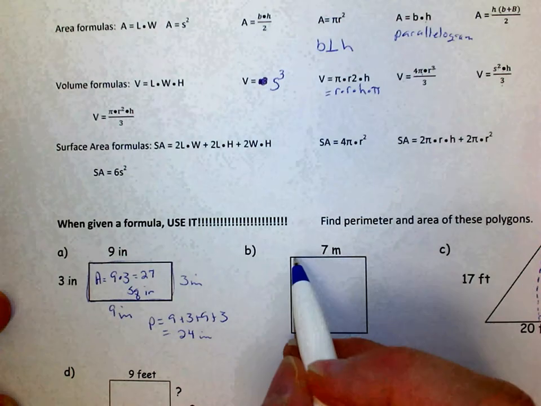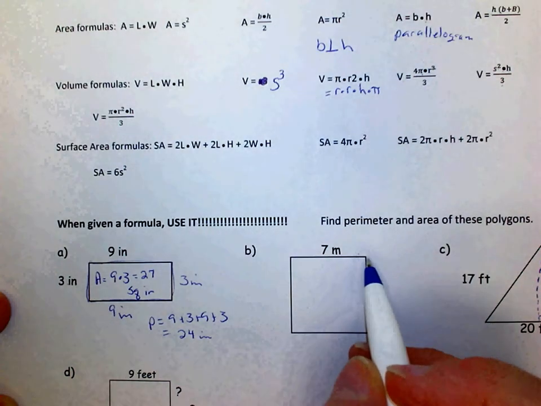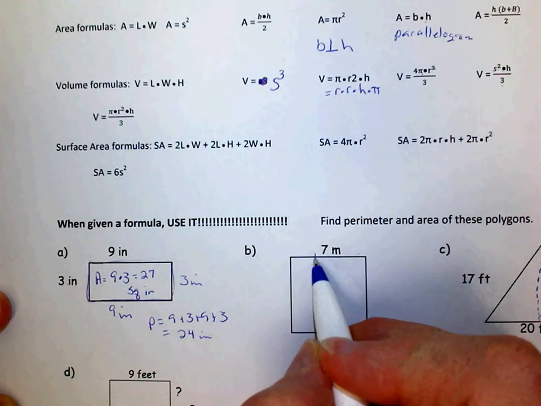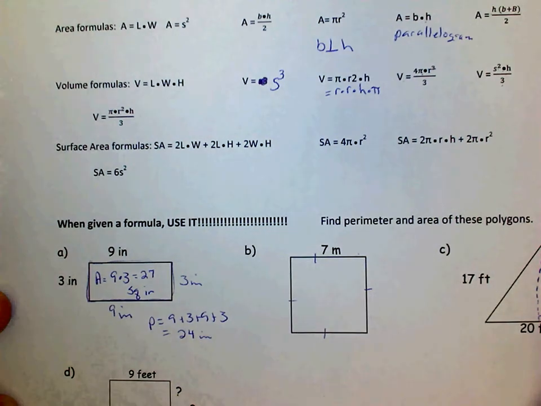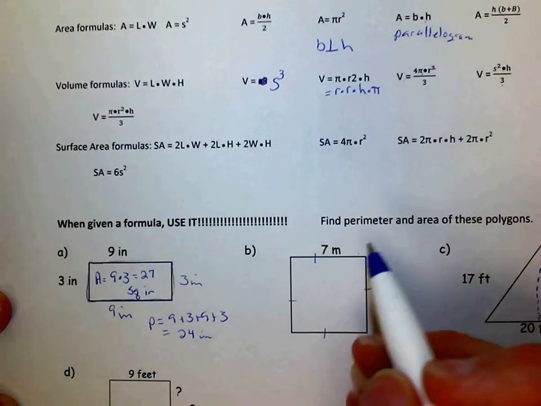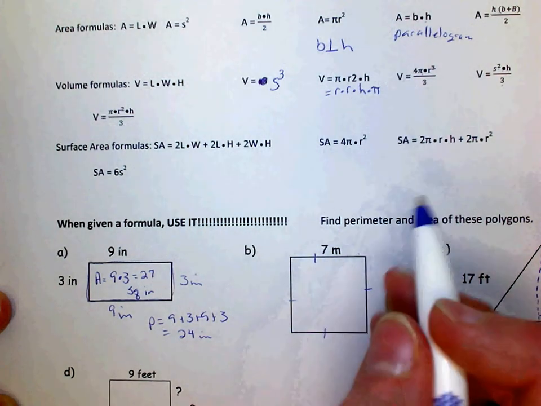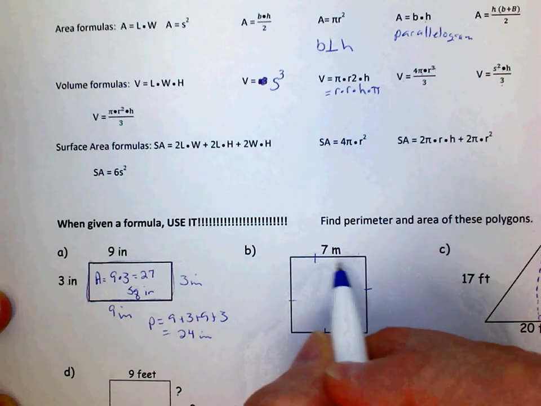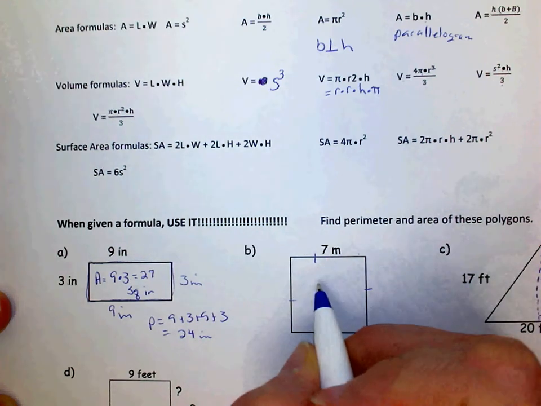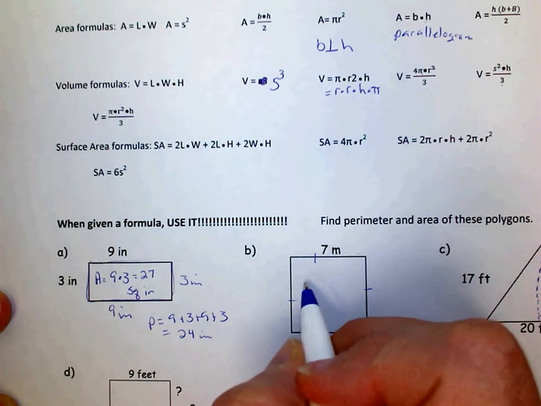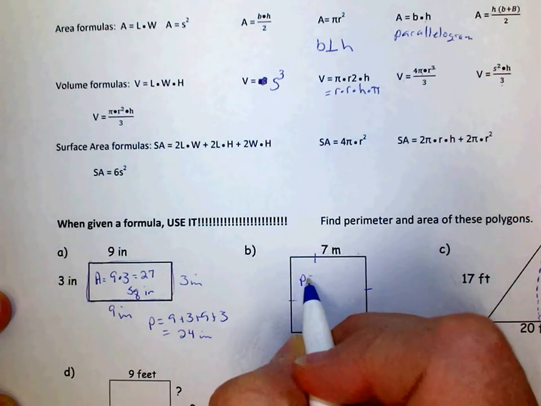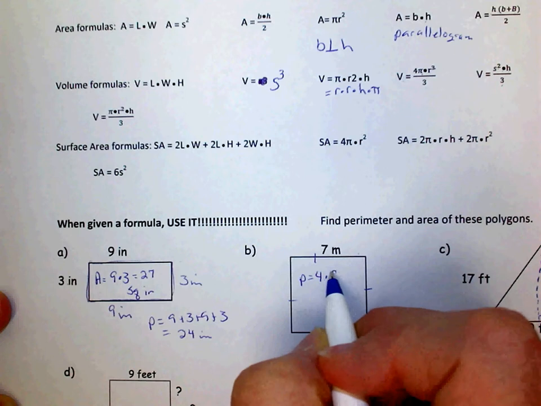Now, because only one distance has been given to us, this is a square, even though it might be a little bit longer than it is wide. But it's still representing a square, even if the picture doesn't quite show it. The perimeter of a square is 4 times a side.